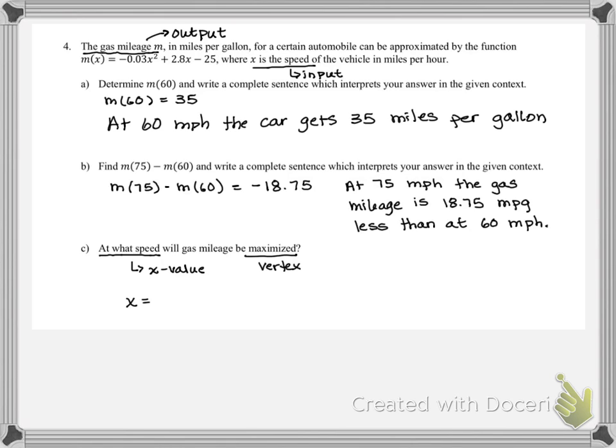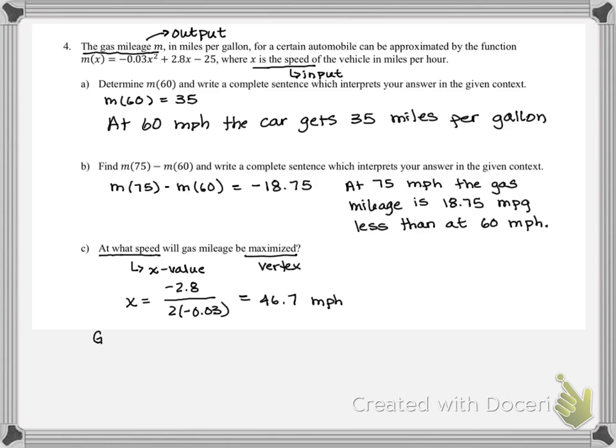So x equals, oh, where am I? Negative 2.8 over 2 times negative 0.03 gives me what? 46 point, is it 7? Yeah. Miles per hour.